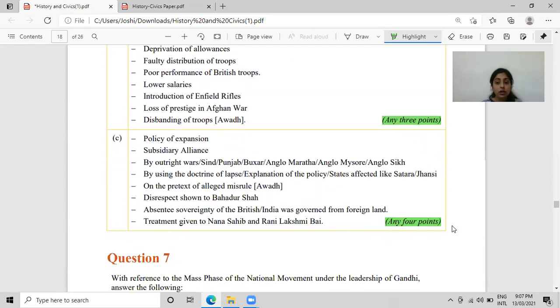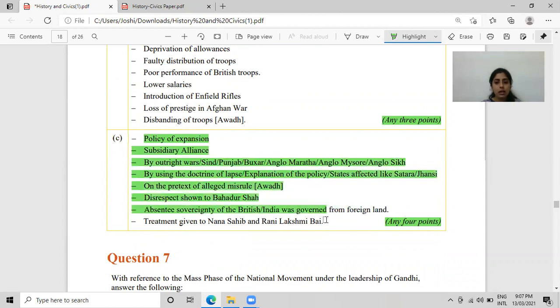So you can see over here, it is clearly highlighted. Though it was mentioned in the question, 3 political causes of the 1857 revolt, but the marks for it was 4. So that is why I'll mention any 4 points. Okay, out of all these points, I'll mention the 4 points. For example, number 1, policy of expansion.